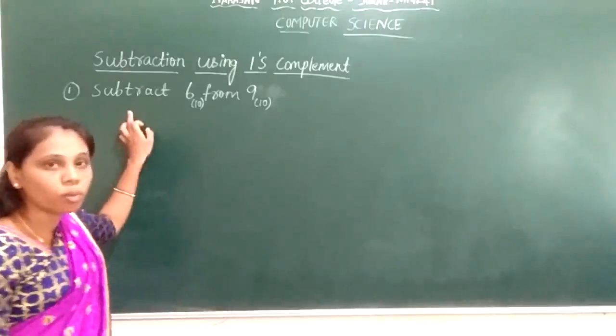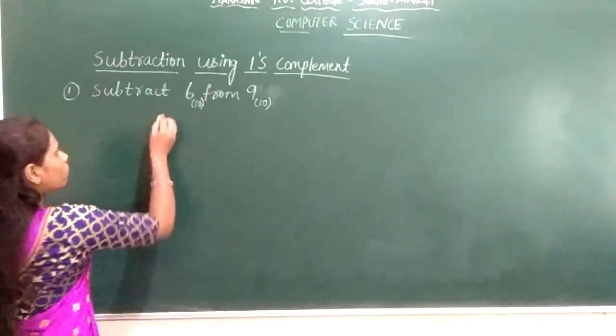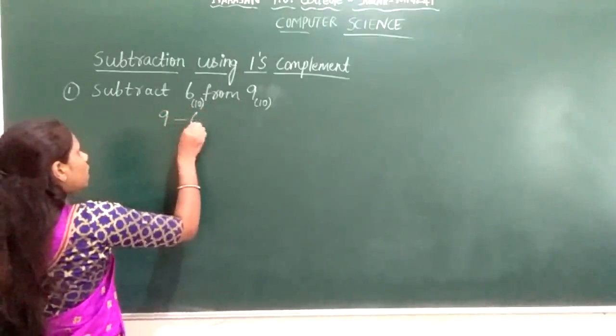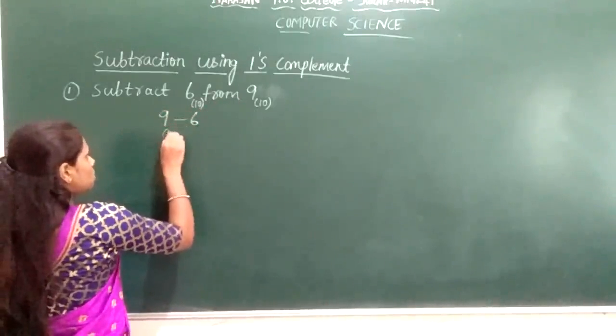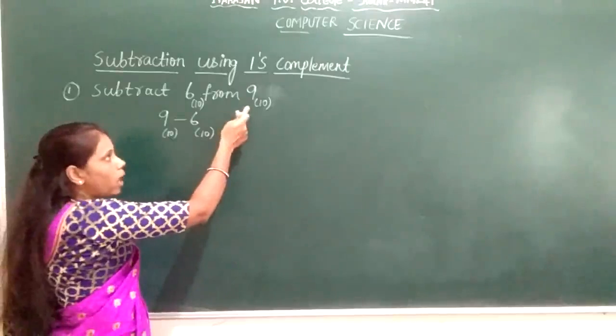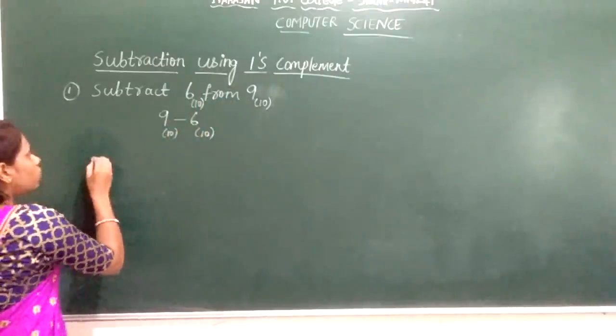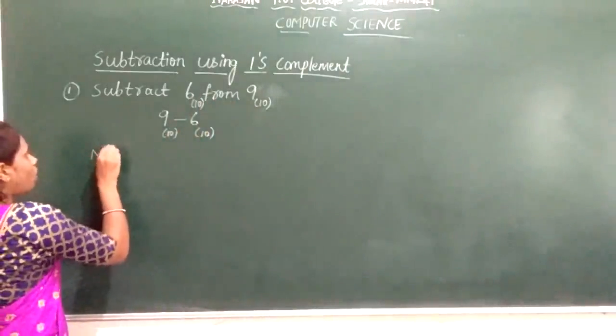Now you have a problem: subtract 6 from 9. 6 from 9 means 9 minus 6. First find out which is the minuend.